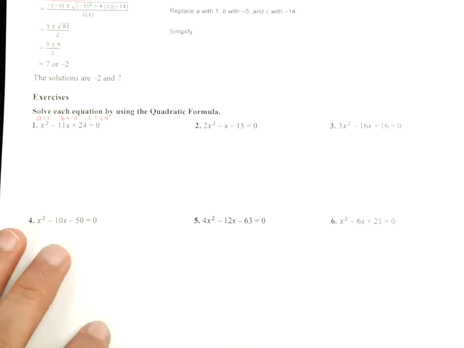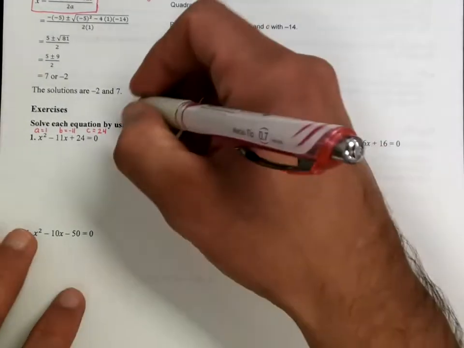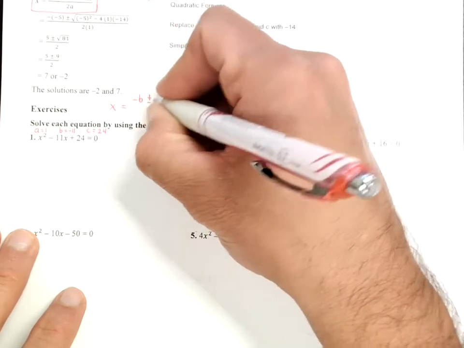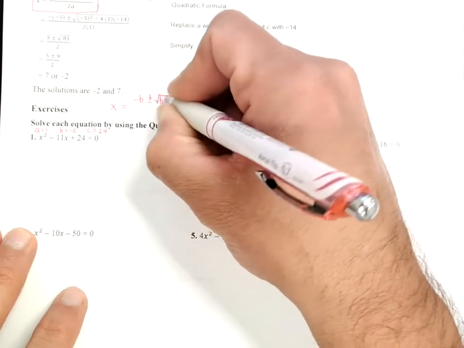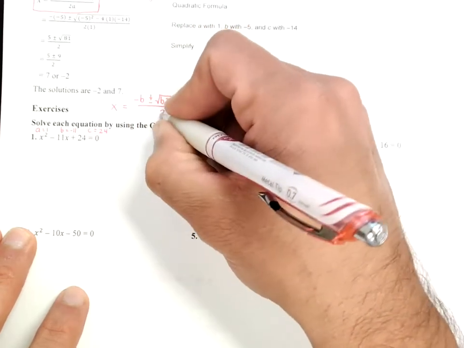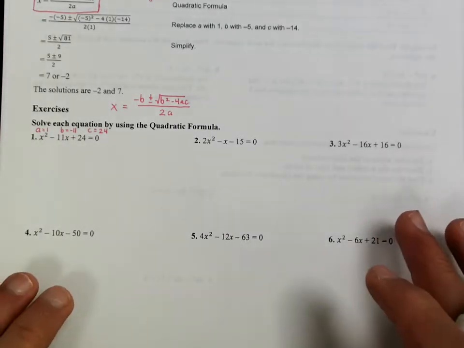All right, so again, if you look at this formula, I'm going to rewrite the formula here so hopefully you can tell what I'm doing. So you have negative b plus or minus the square root of b squared minus 4ac all over 2a.